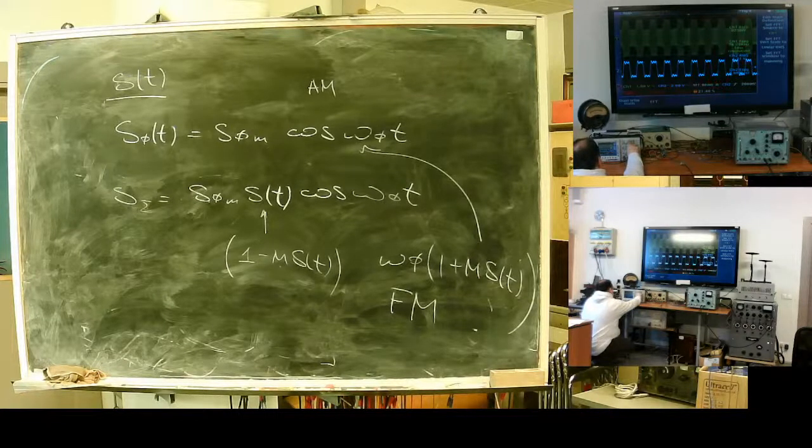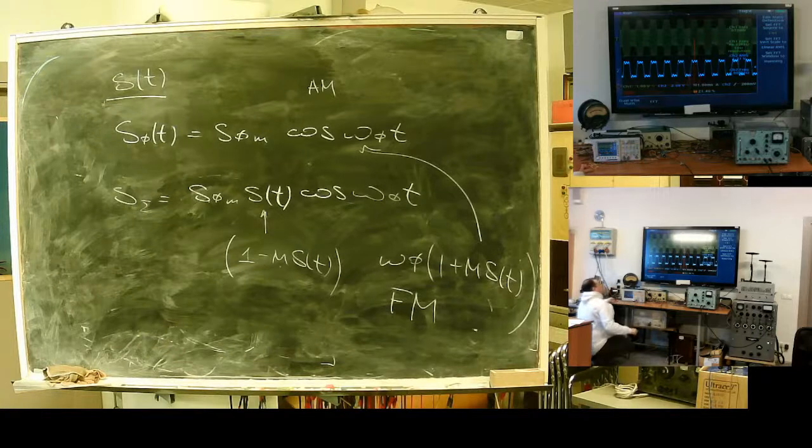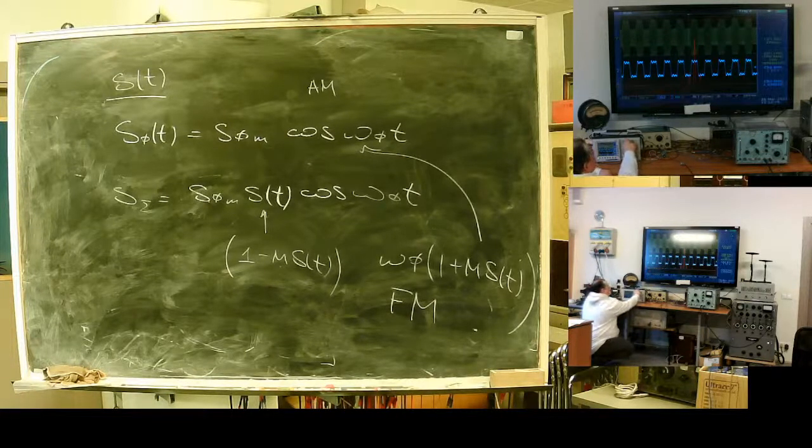Now I would like to see the spectrum. The red line is the spectrum. Look at the red digits. Central line, 100 kilohertz, carrier.